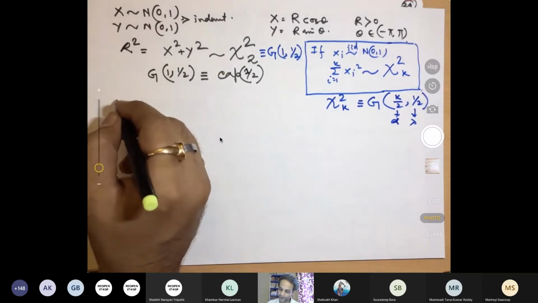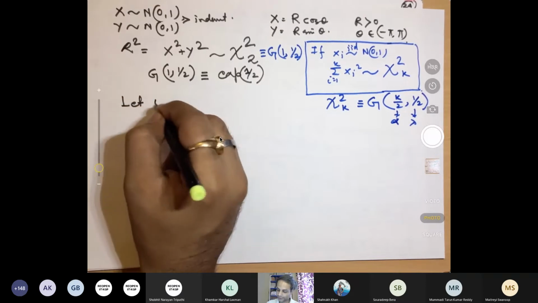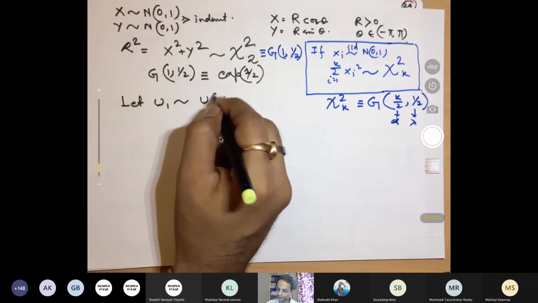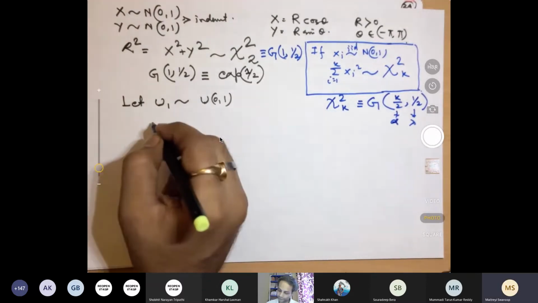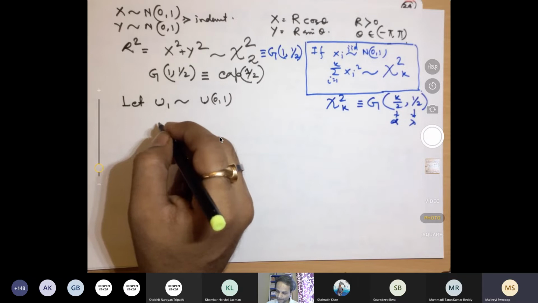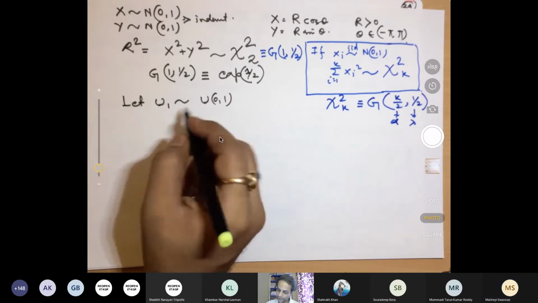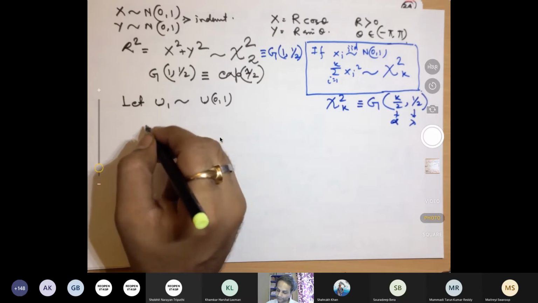See how we have done it in our class. Let U1 follow uniform 0, 1. So it's minus 1 by lambda log of 1 minus U, where U follows uniform 0, 1.